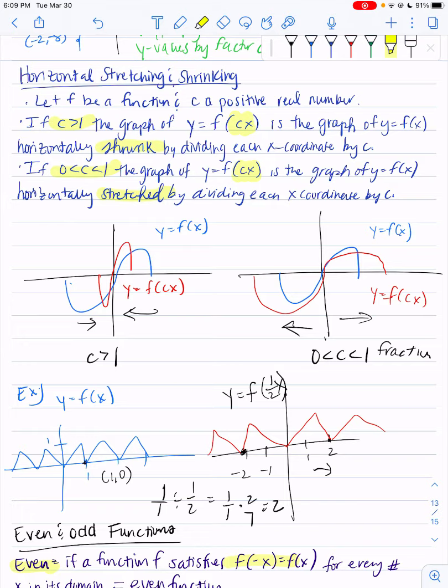If c is greater than 1, the graph of y equals f of c x is the graph of y equals f of x horizontally shrunk by dividing each x coordinate by c. And then if c is between 0 and 1, the graph of f of c x is the graph y equals f of x horizontally stretched by dividing each x coordinate by c.